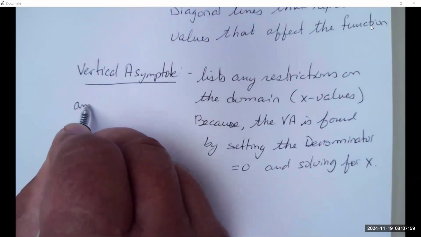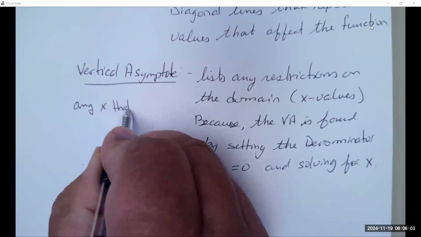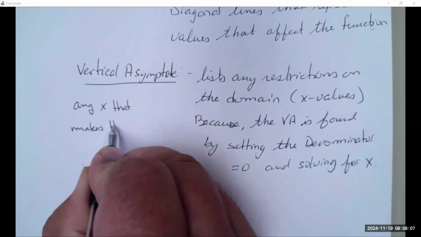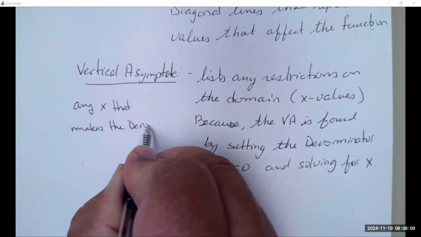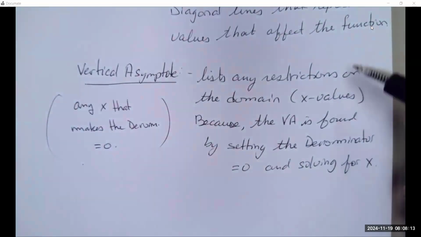So the vertical asymptote is any x that makes the denominator equal 0. This is how you should take everything we just talked about.